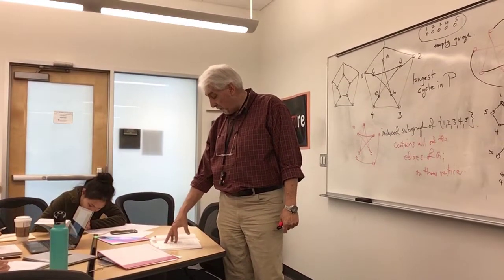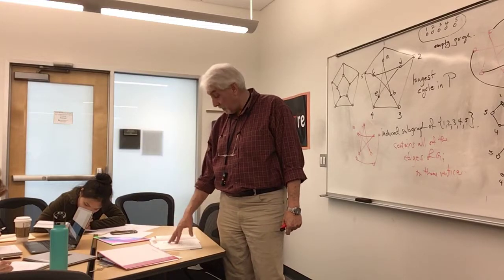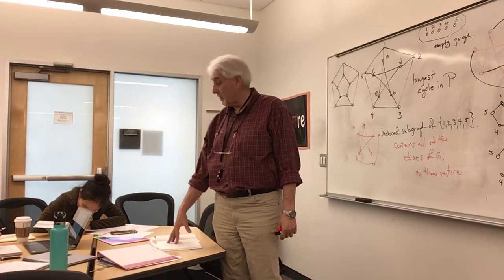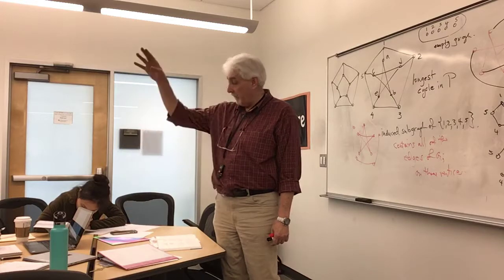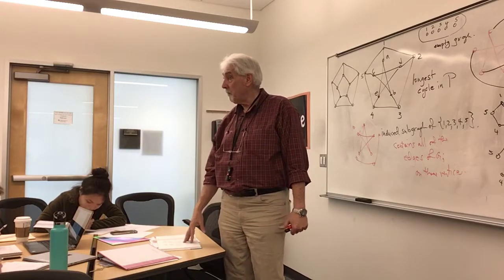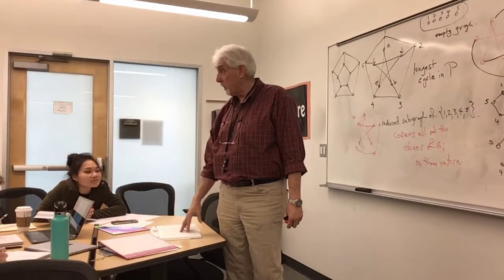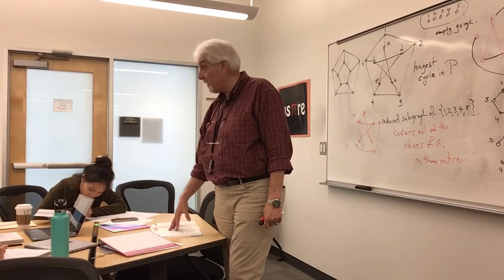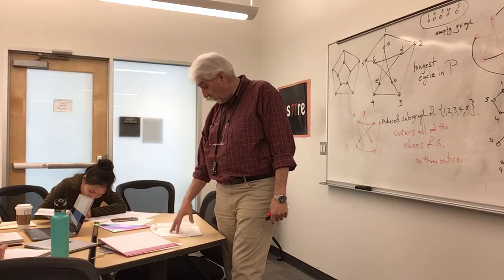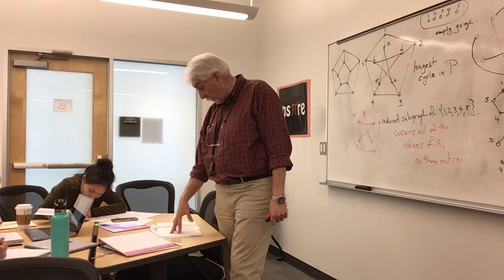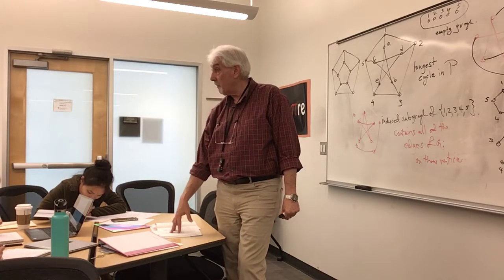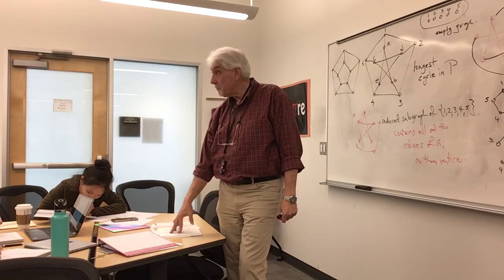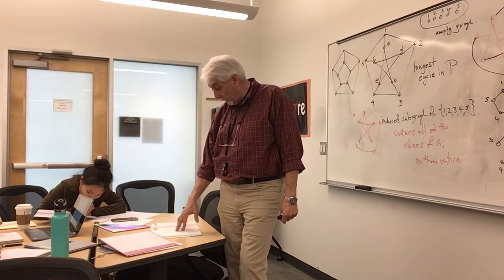The top 3 vertices are non-adjacent, the bottom 3 are not adjacent, and everything from the top goes to the bottom. Those have a very special structure, and they don't contain any C3s. No 3 cycles. A contains a 3 cycle. In fact, how many 3 cycles does A contain? 2.